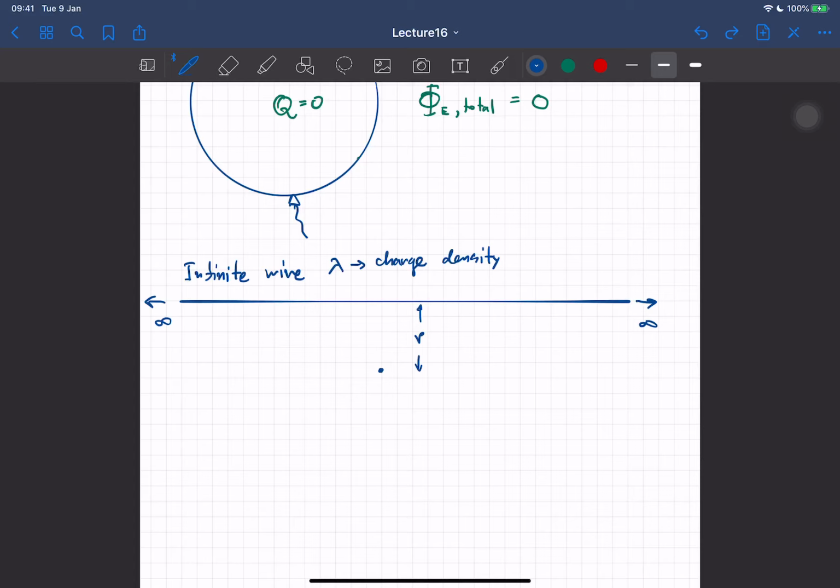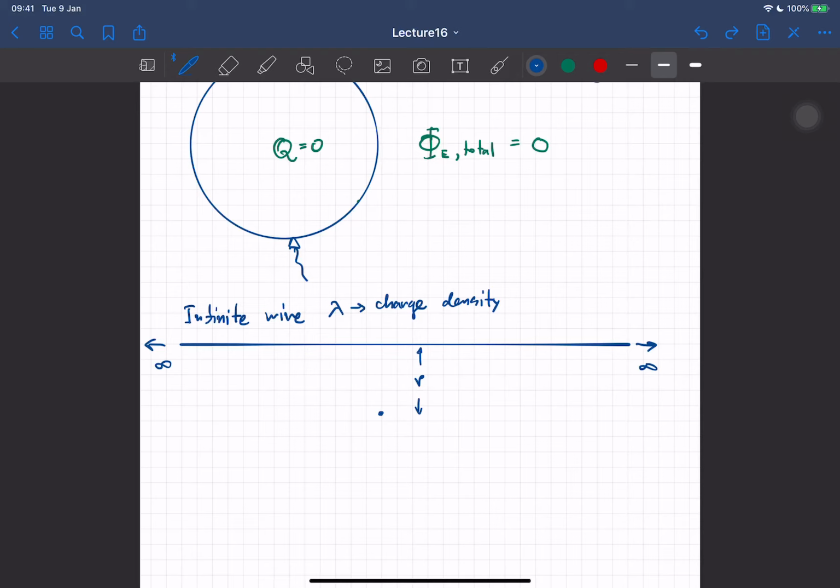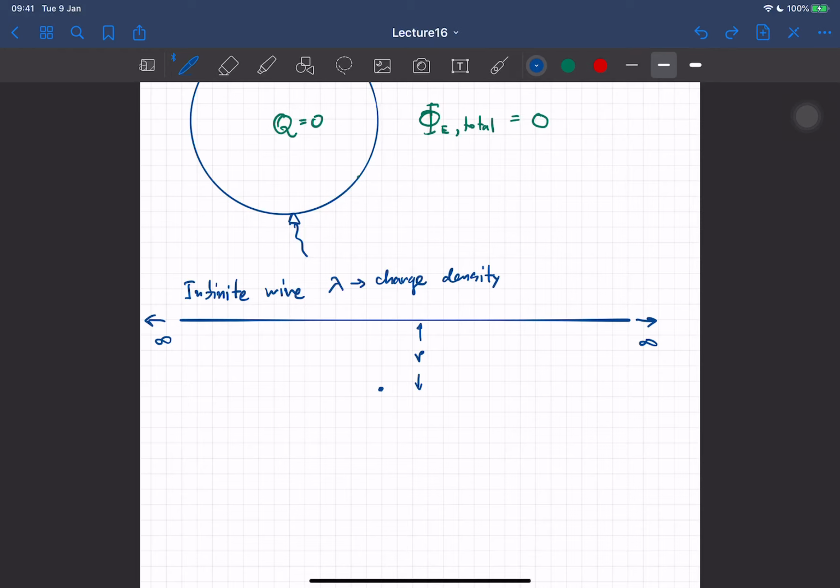So you can choose the surface which is suitable to your problem. In this case, I have an infinitely long wire, so the surface that I choose should have the same symmetry as this wire. The surface I will choose is a cylinder, a cylindrical surface.